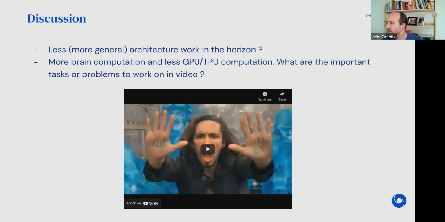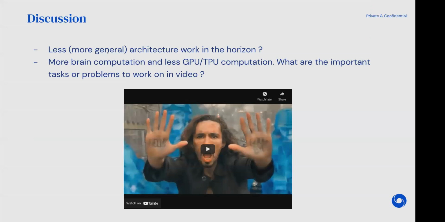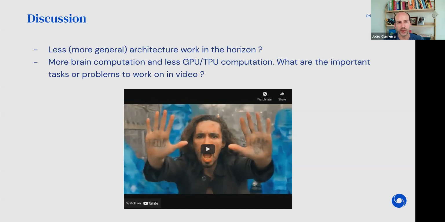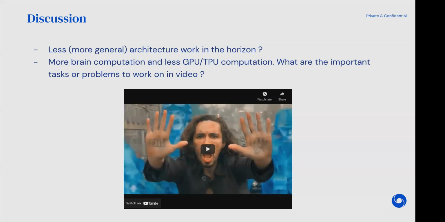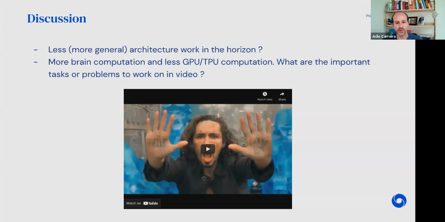Yeah, I think we're 10 minutes from the end, so I'd like to reserve a little bit of time for questions and discussion. But I guess the overall theme I would like to raise is that maybe there will be less architecture work in the near future, but more general. And hopefully that way, researchers can spend more time thinking about the hard problems in AI and in perception, and less time just doing hyperparameter search.